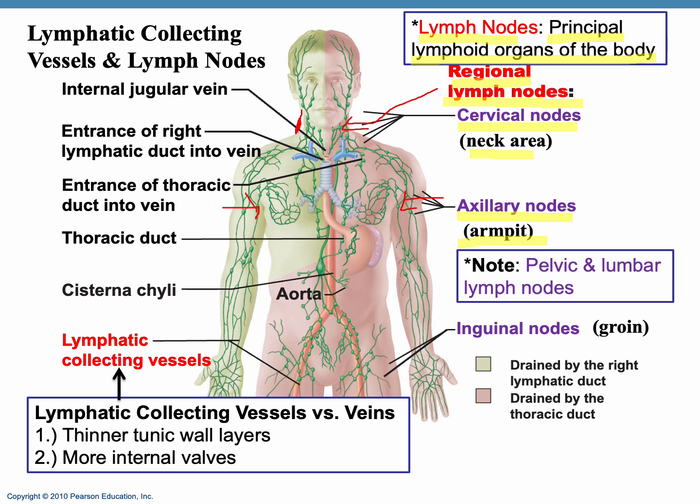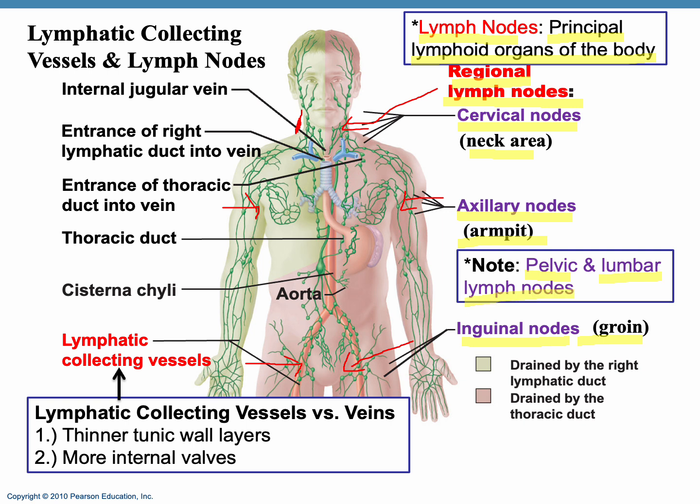You also have lymph nodes in your groin area. So here we have what's known as the inguinal nodes. So lymph nodes found there. So a lot of them found here. And then the picture here doesn't illustrate this, but you also have lymph nodes in the pelvic vicinity and also the lumbar area as well.